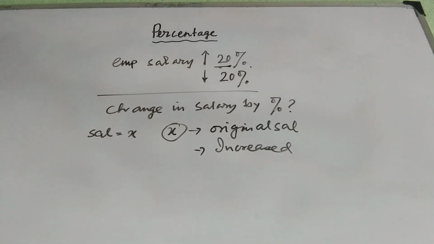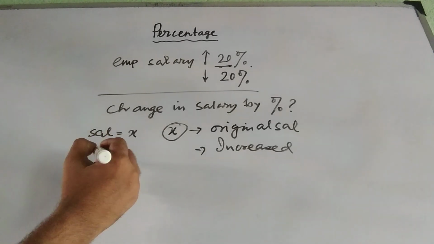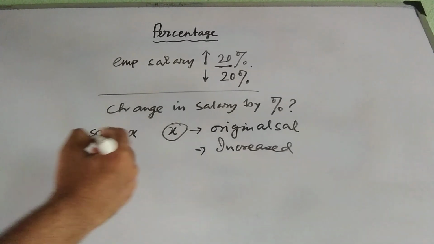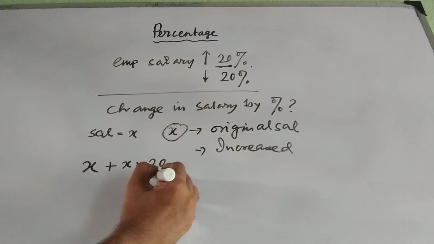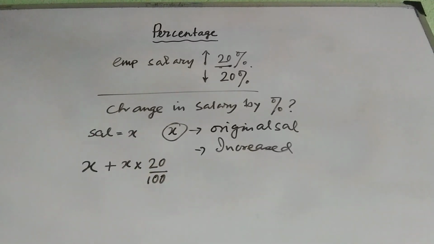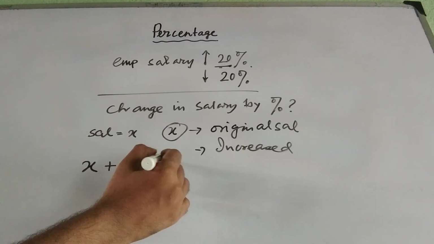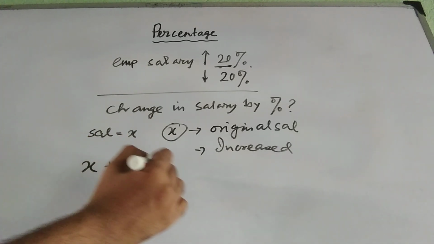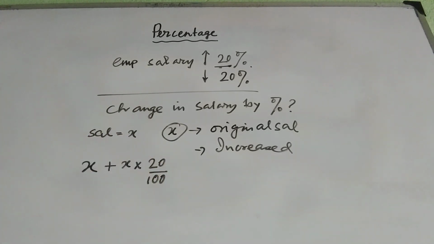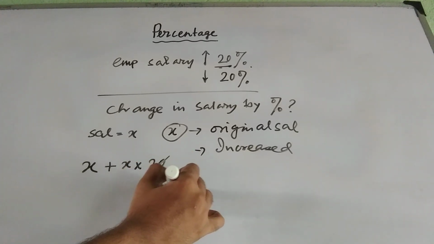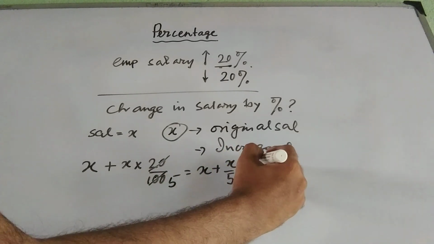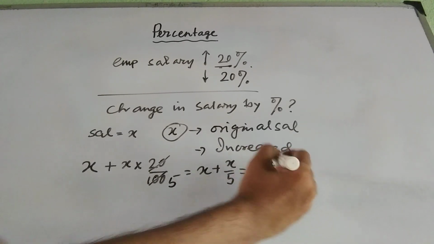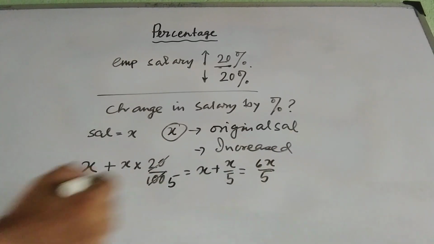It is 20% on top of X. That means the original X plus an additional hike of 20%, that is X into 20 by 100, which is the 20% of X. Simply it will be X plus X by 5, that means 6X by 5. Now this is the increased salary.